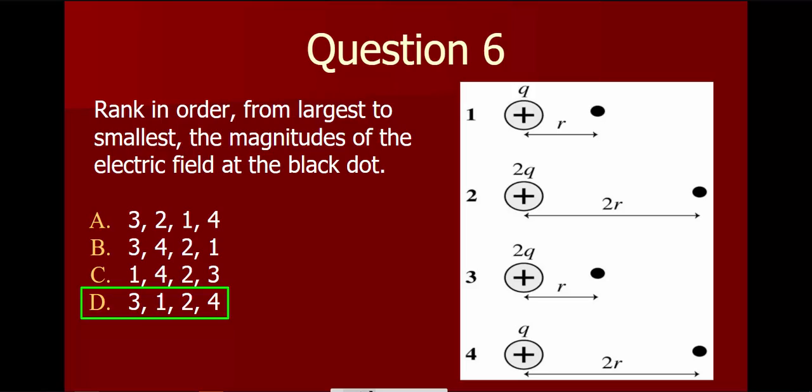Wait, this one you use just the E, K, Q, it's not Q over R squared. Epsilon naught? No, it's only for a capacitor. It's electric field in a capacitor. It doesn't matter with distance because you have essentially charges on both sides, inside the capacitor. Okay. But that does not work out.